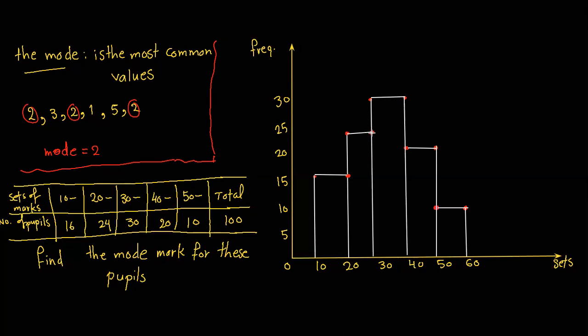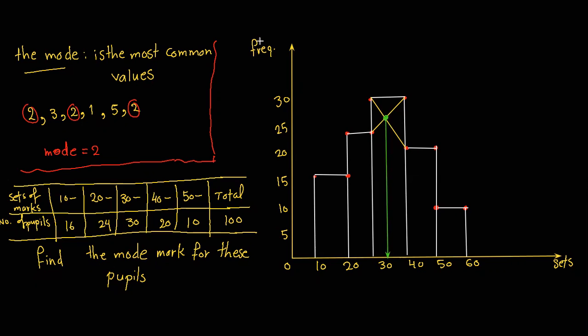So the intersection point, the vertex of these lines, will be drawn like this. The intersection point between these values will be here. So we will make the connections of these values by our scale here.